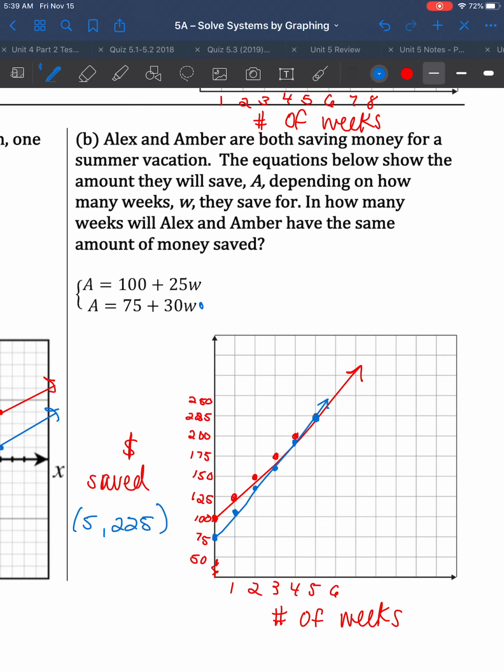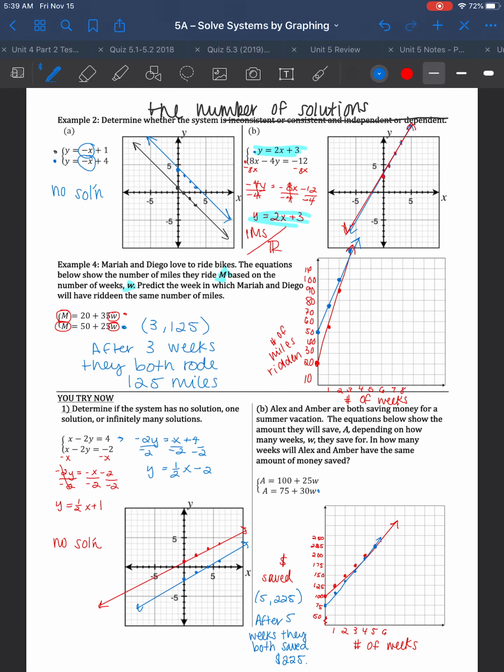And then we want to write that as a sentence too. After 5 weeks, they both saved $225.